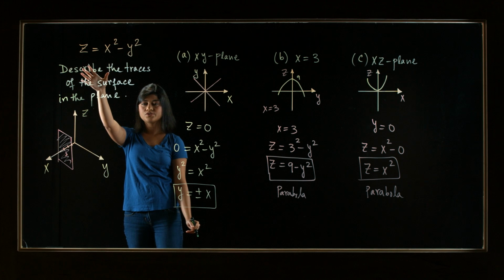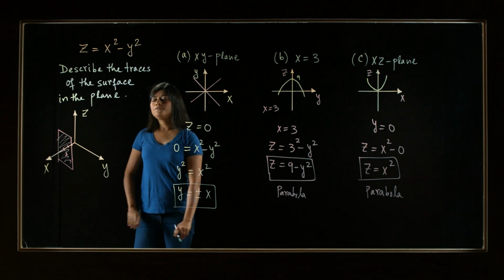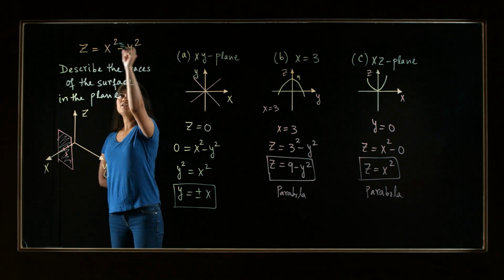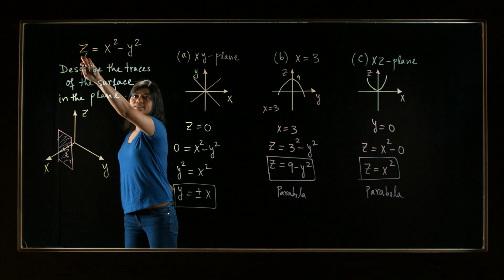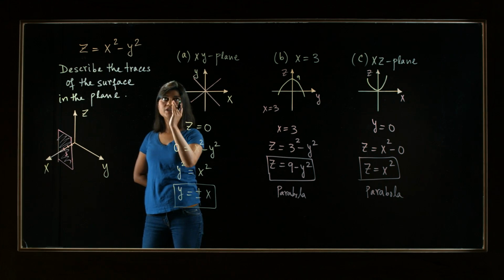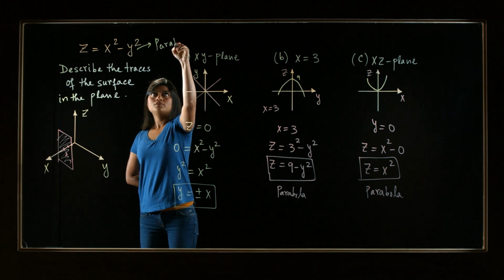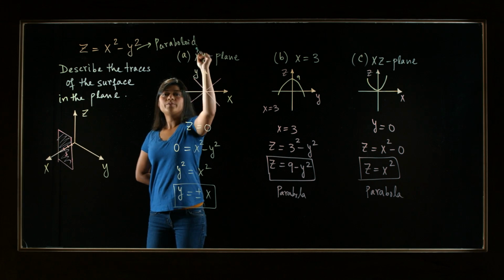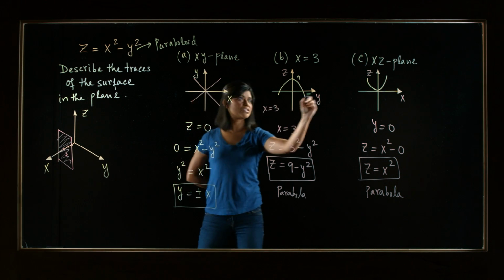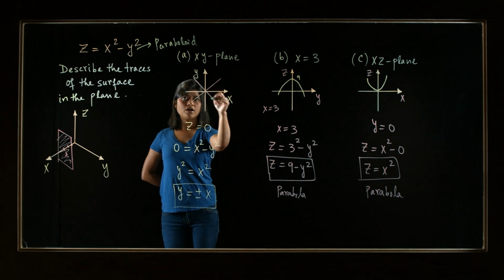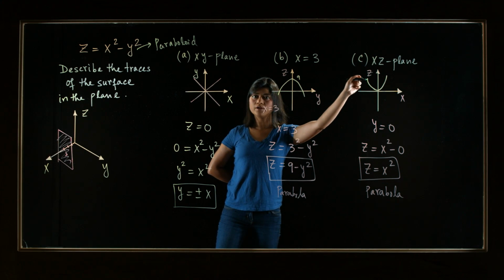Okay, so we got all our traces, and now finally we have to classify this surface. What kind of surface is it? First, notice the equation is in a standard form already. Notice that z has a degree 1, which tells you that this is a paraboloid first. Further, notice that for all these traces, in this one we got 2 lines, and in these ones we got 2 different parabolas.